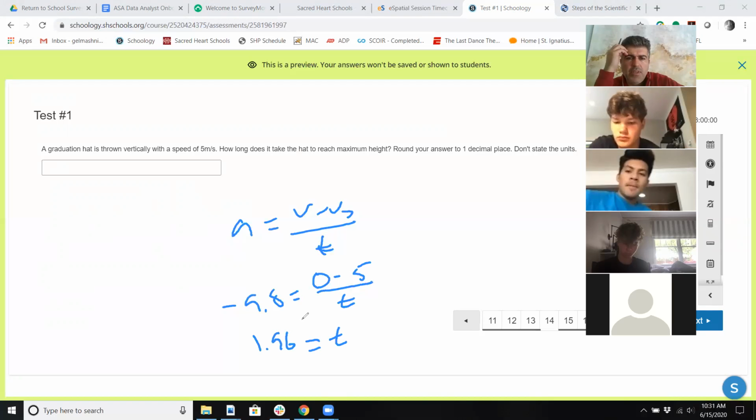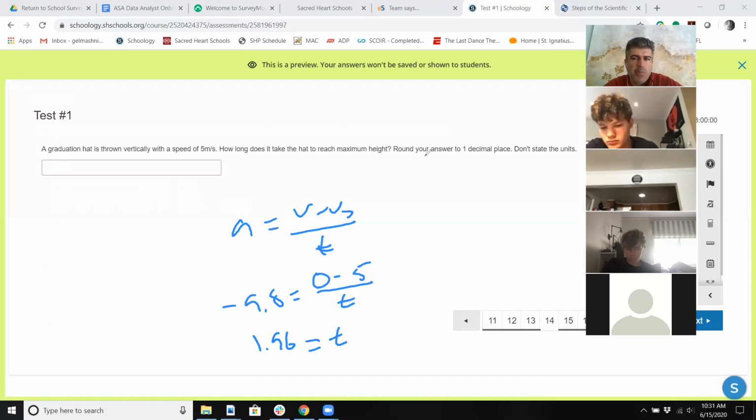I stayed around to the nearest 1 decimal place, so it should then be 2.0. If you got 1.8, if you missed it and you're close, I'll give you some points for that. But I think I was looking for 2.0 as the answer for that one.